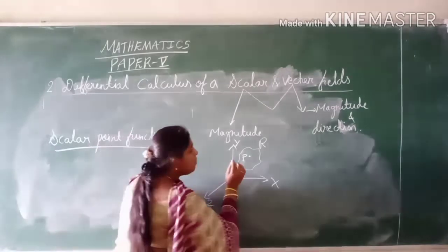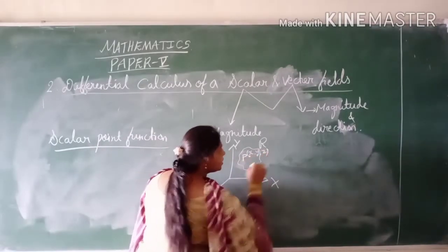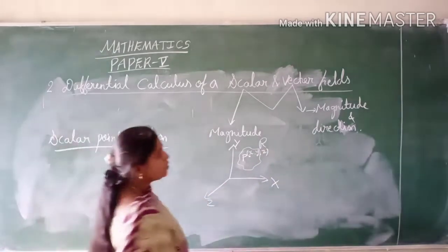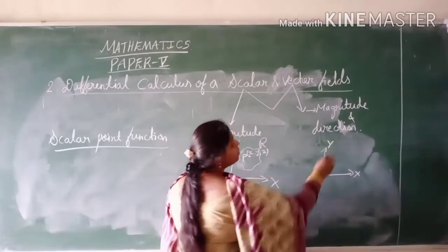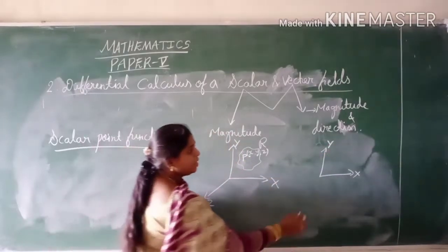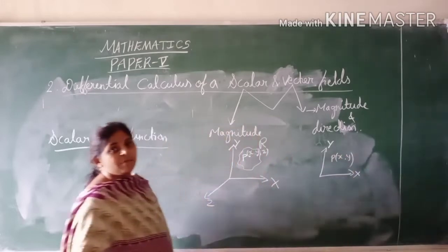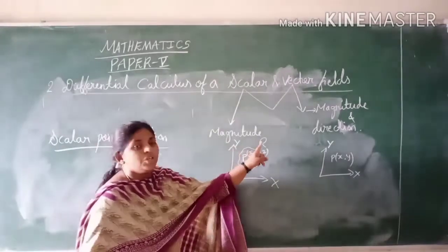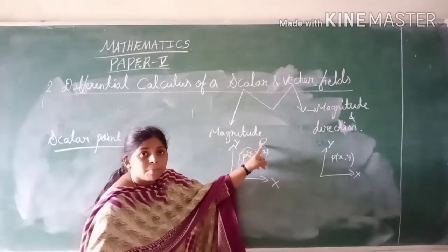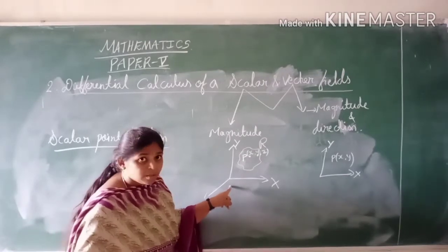That means the point P has coordinates x, y and z. If we take two-dimensional space, there are only two coordinates, one is x and another one is y. Clear? Then the point P has only two coordinates x, y. Usually we take the three-dimensional space. That means first you consider the region R in three-dimensional space.